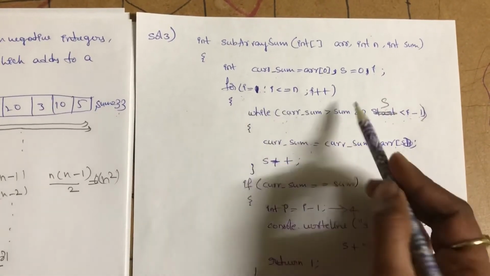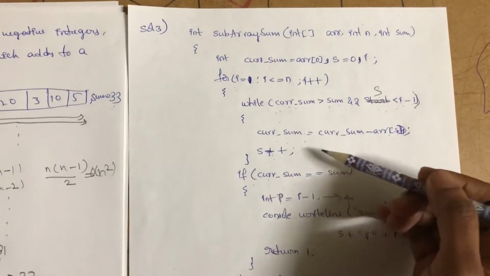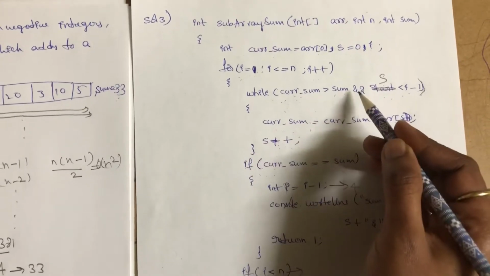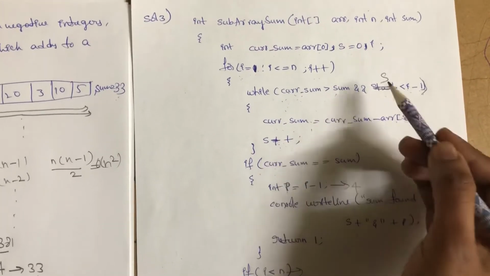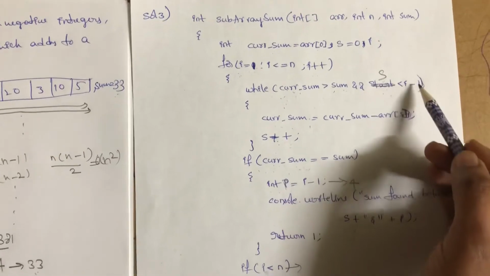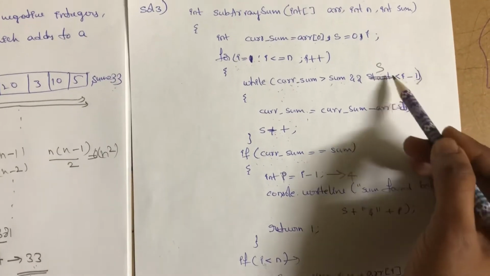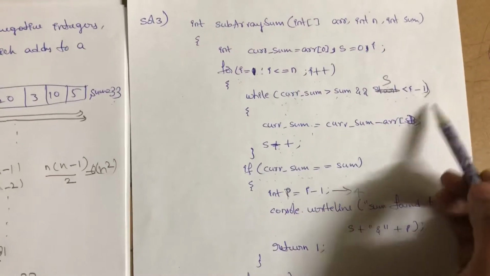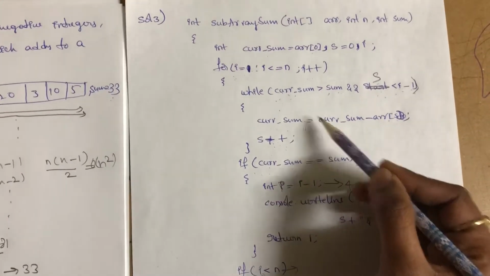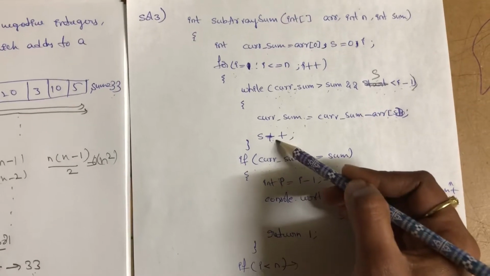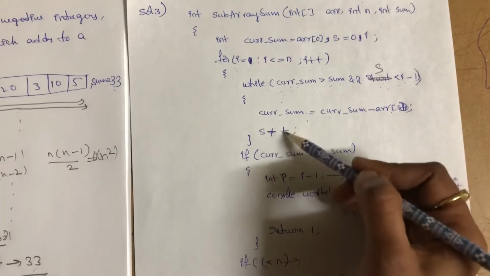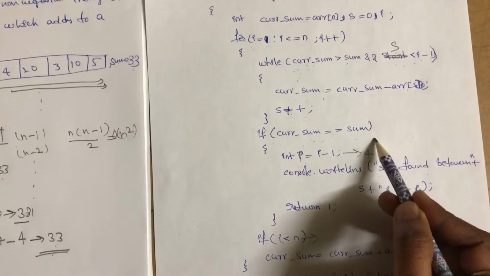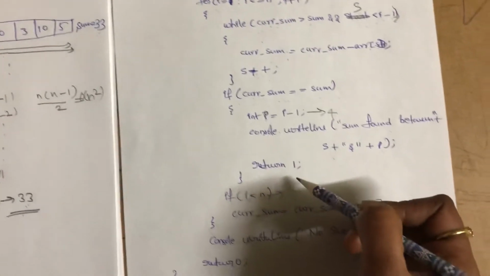I am using the for loop, and in it I check the condition: current sum is greater than or equal to the given sum, and the starting point is less than i minus 1. If the condition is true, then we increase the starting point, and if the current sum is equal to sum, then we enter this condition.